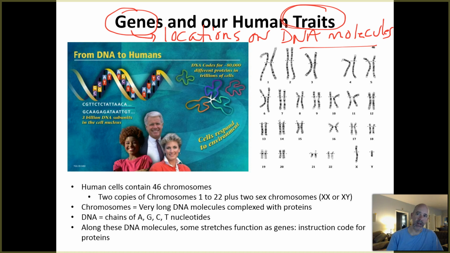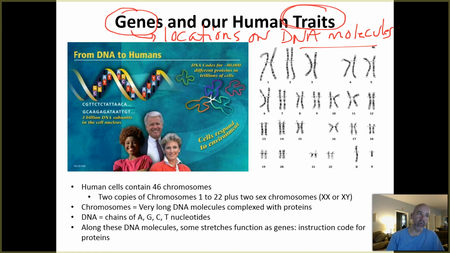Are you more likely to come down with certain types of infections versus somebody else? Those are all our traits, and even though it's kind of abstract to think about, your traits can generally be traced back to one or more proteins that your cells make, because proteins are the workhorse molecules of our cells. And so things that happen in the body can almost always be traced back to one or more proteins.